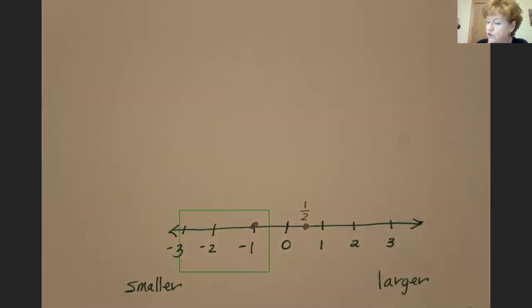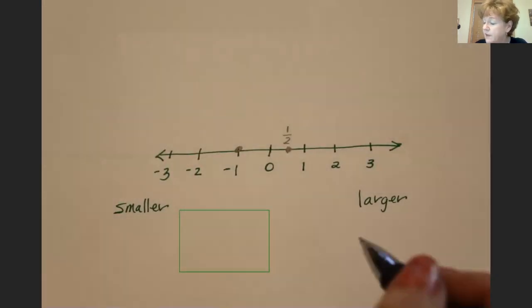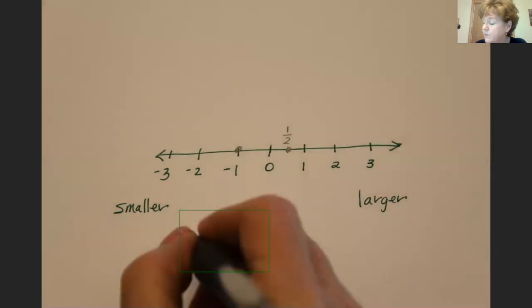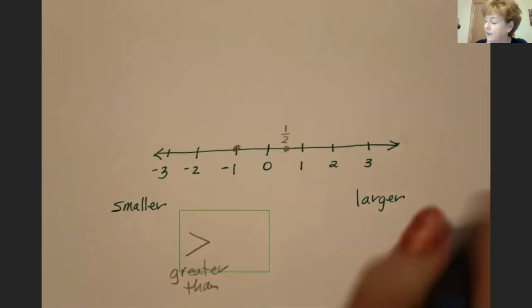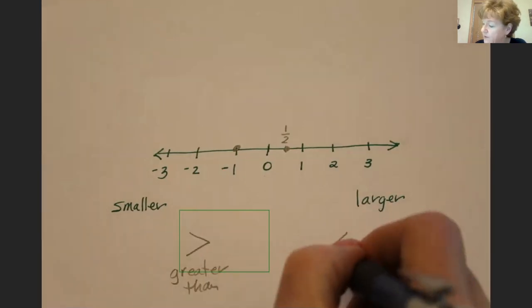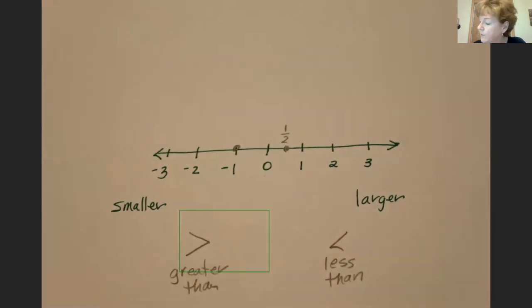Now, when you use your greater than, less than, and equal signs, of course, equals means they have the exact same value. That is a greater than sign. And this is a less than sign. What you want to remember is that the arrow of the greater than and the less than sign will always point to the smaller number.